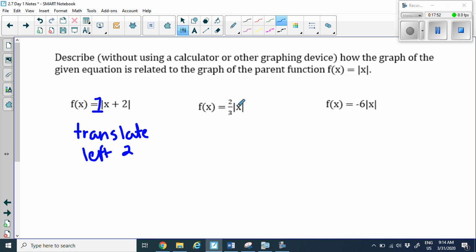Okay, let's go ahead and try the next one. Going off of our general equation, I'm going to rewrite that again: y equals a times the absolute value of x minus h. It's good to see this because we can go through and see what all the transformations are. Notice that we do have an a value in front, so we need to take the absolute value of it. The absolute value of 2/3 is 2/3.